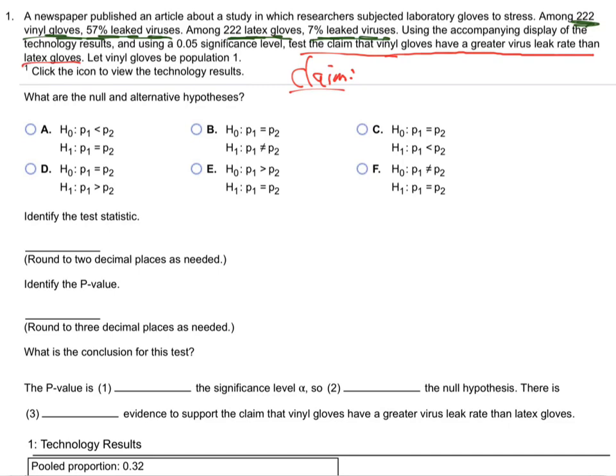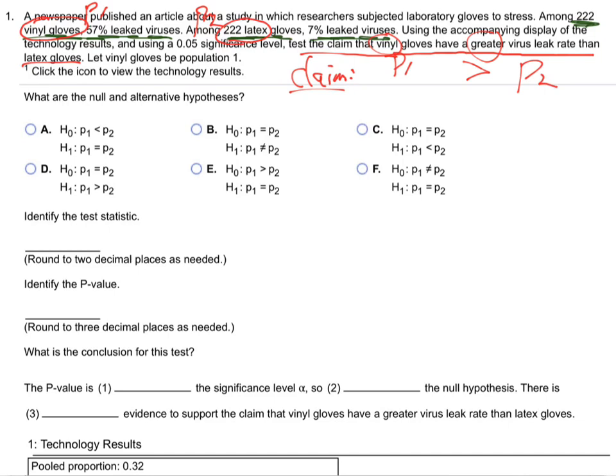Vinyl is the first one, so that's P1, and latex came next, so that's P2. So they're saying P1 greater than P2. Are we good so far?